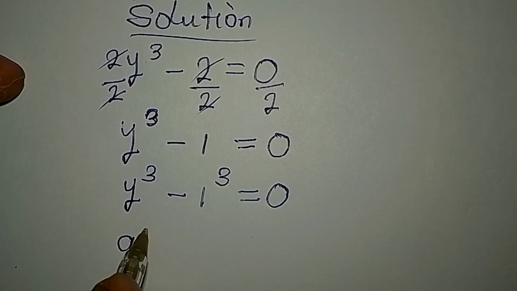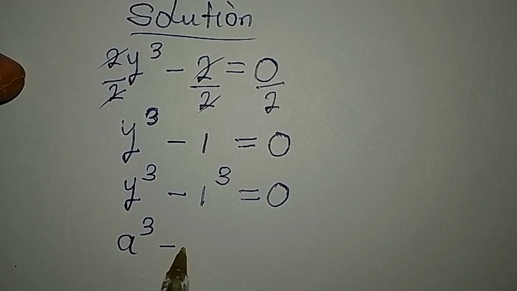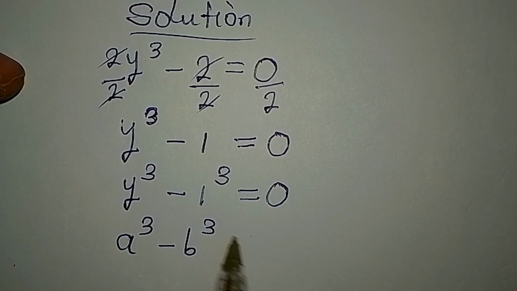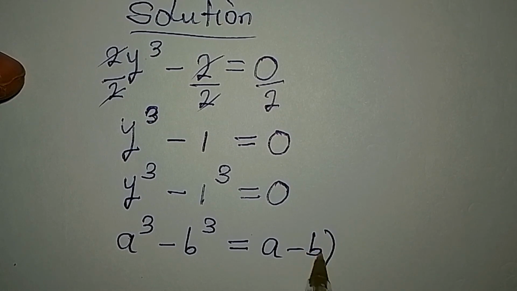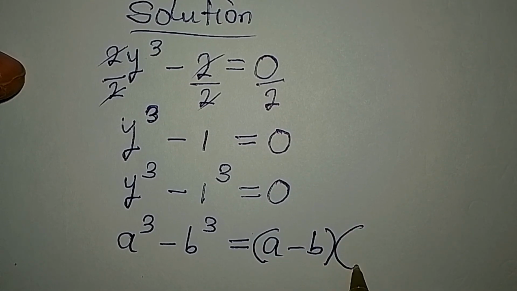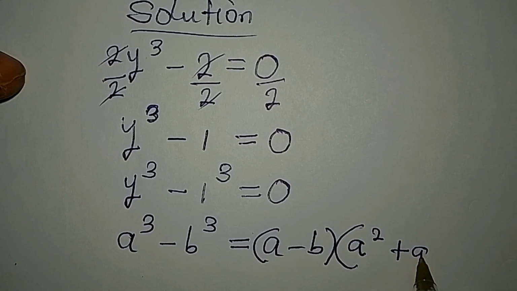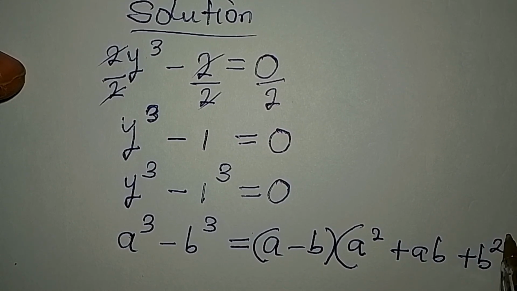Remember, if you have a to the power of 3 minus b to the power of 3, this will be the same thing as a minus b, close the bracket, into a squared plus ab, then plus b squared.